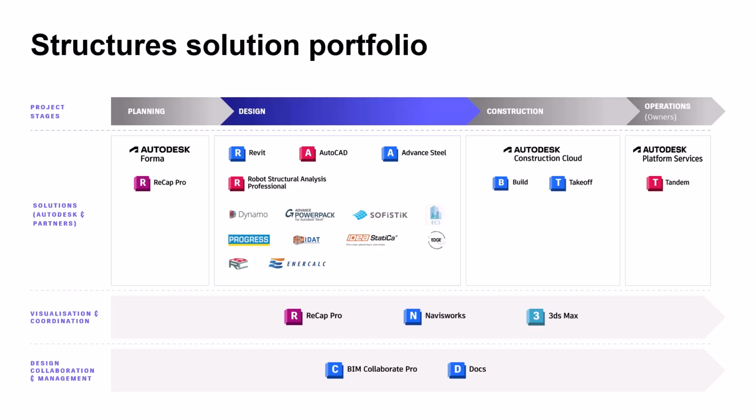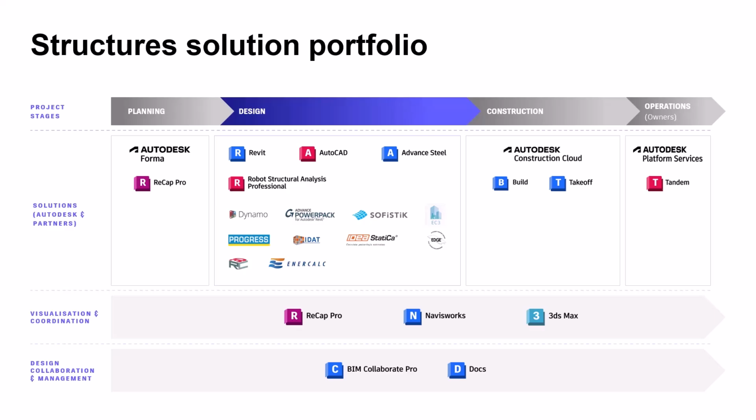So this portfolio shows the solutions we offer across the project stages. Revit is the backbone of structural BIM workflows, connecting to analysis tools, detailing software, and partner solutions. Robot Structural Analysis is our main analysis tool, but we also integrate with partners like Sofistik or IDEA StatiCa. Advanced Steel is still here, but it's in maintenance mode.